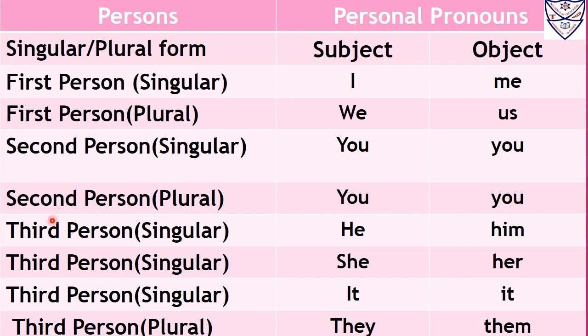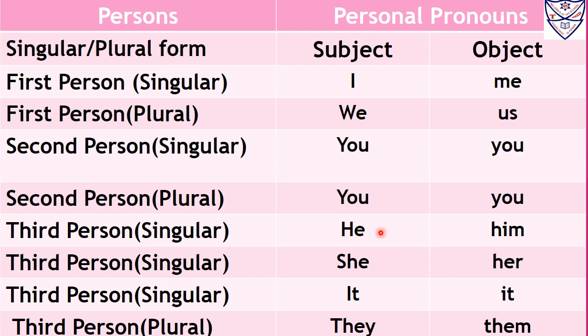Now let's go to third person. What is the meaning of third person? Means about whom we are talking. Third person means about whom we are talking. It can be one person, it can be more than one person. Third person singular. When I am talking about third person singular, at that time I will use he.